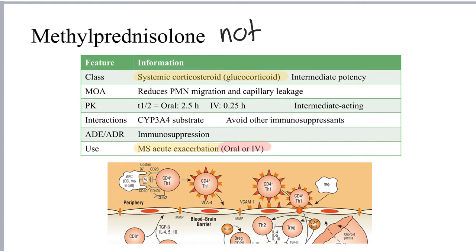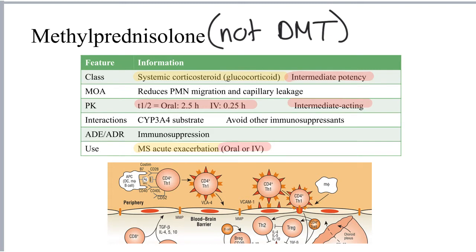Methylprednisolone is considered an intermediate potency corticosteroid. Its half-life is on the order of a half an hour to 3 hours, depending on whether it's administered oral or IV, which makes it an intermediate acting corticosteroid.